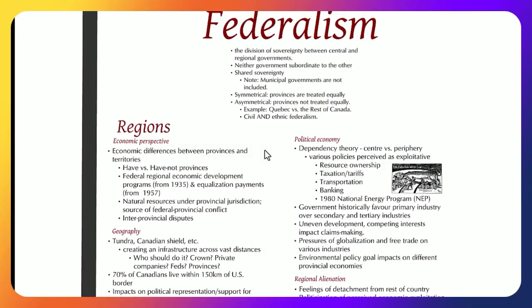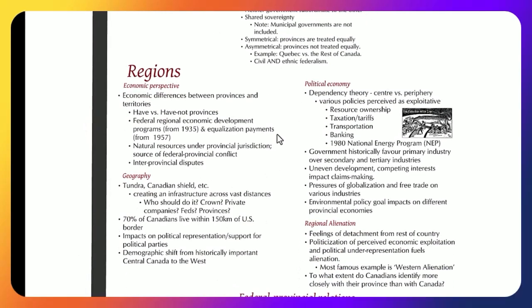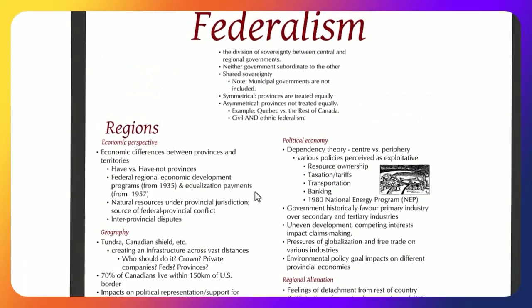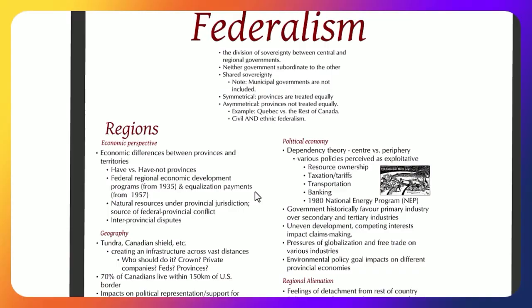So Canada, by virtue of its geographic size, the diversity of regions, the economic diversity that comes out of that size, and the constitutional sharing of sovereignty between the federal and provincial governments, has some really interesting dynamics going on between these levels of government.